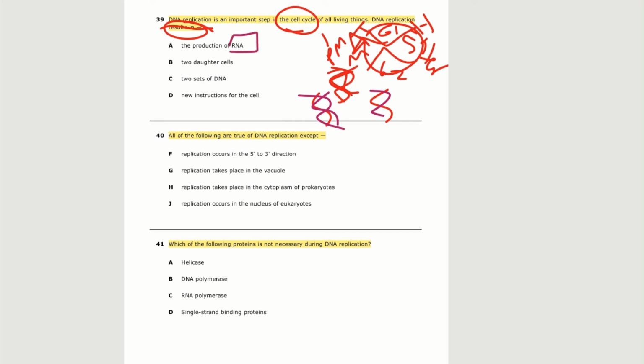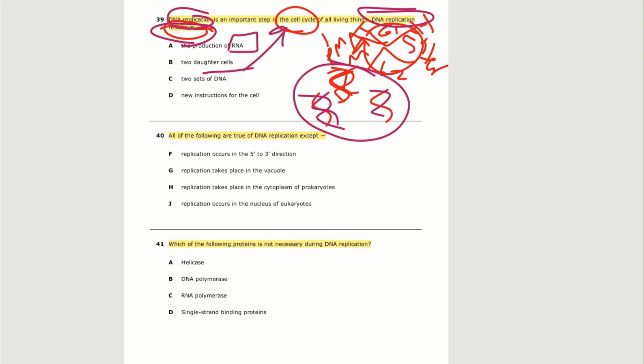Am I making RNA with DNA replication? 2 daughter cells. Wait, daughter cells is in the cell cycle, but what is DNA replication again? The copy. Two sets of DNA? I think so. Then I just draw that. New instructions for the cell. Wait, if it's new instructions, is that a copy?